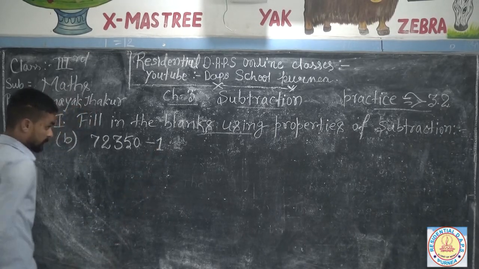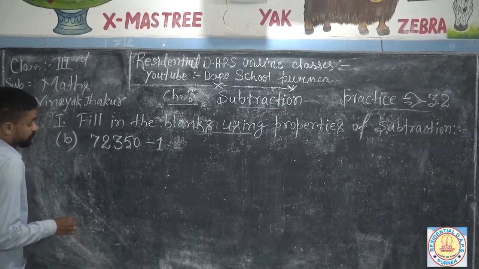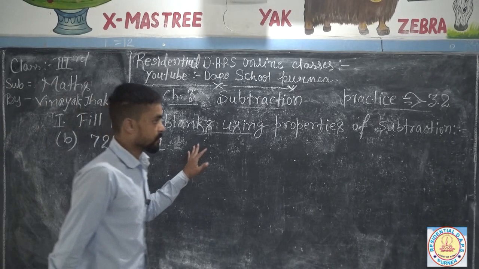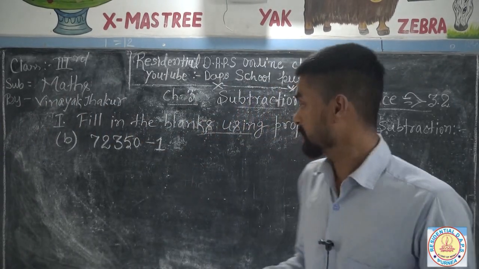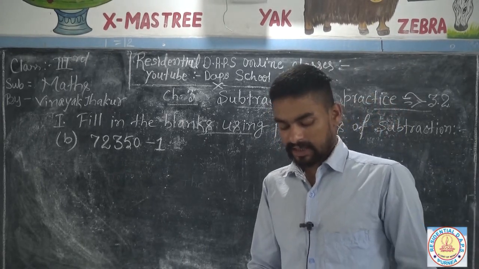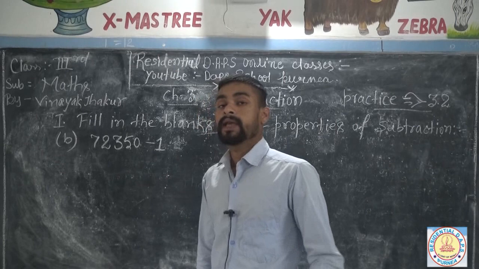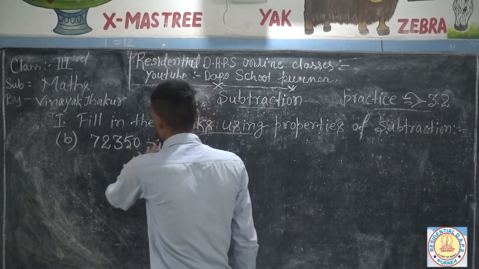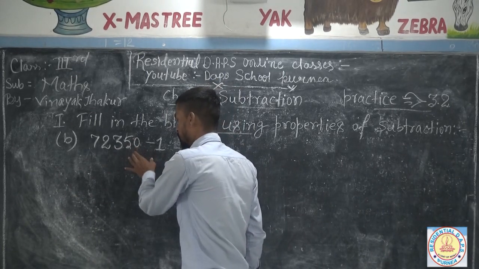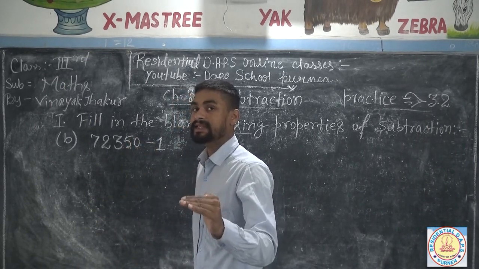Here two properties are followed. This question is always followed by two properties: if 1 is subtracted from any number, then we find the predecessor of that number, and if 1 is subtracted from the ones place of that number, then we find the number decreased by 1 on its ones place.